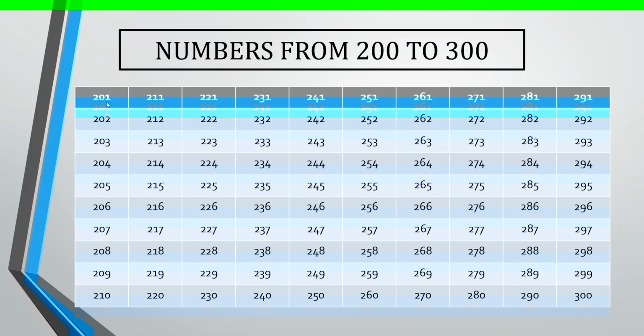Let's count the numbers starting from 201 to 300. In the first column, you can read the numbers 201 to 210. Let's start.